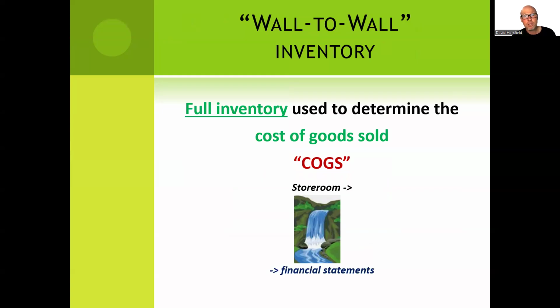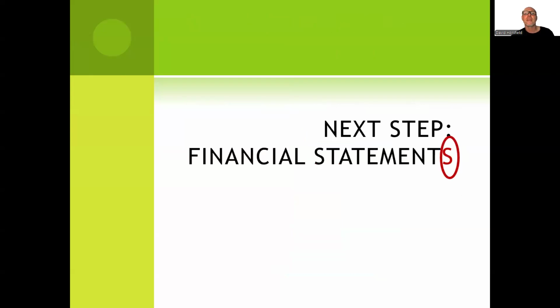The financial statements are a really important part of the business, and they start in the storeroom where you do a wall-to-wall inventory. That inventory is tedious, it's boring, but it's really important, and it's got to get done accurately, because the next step in this accounting process is these financial statements.